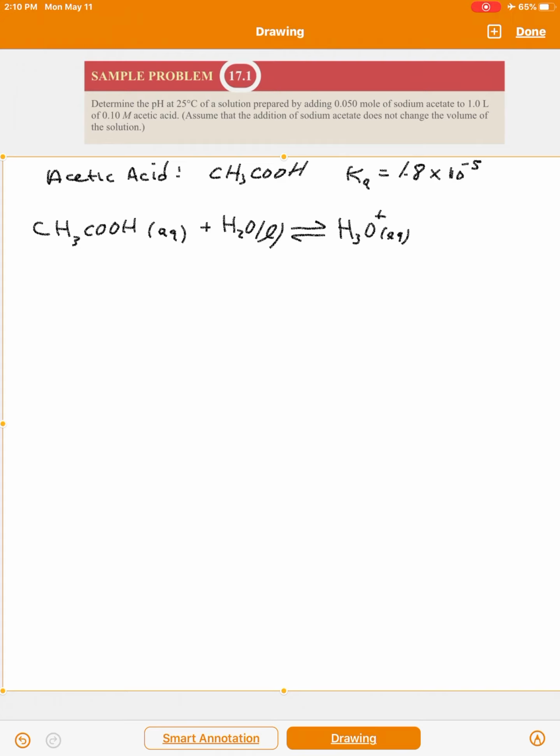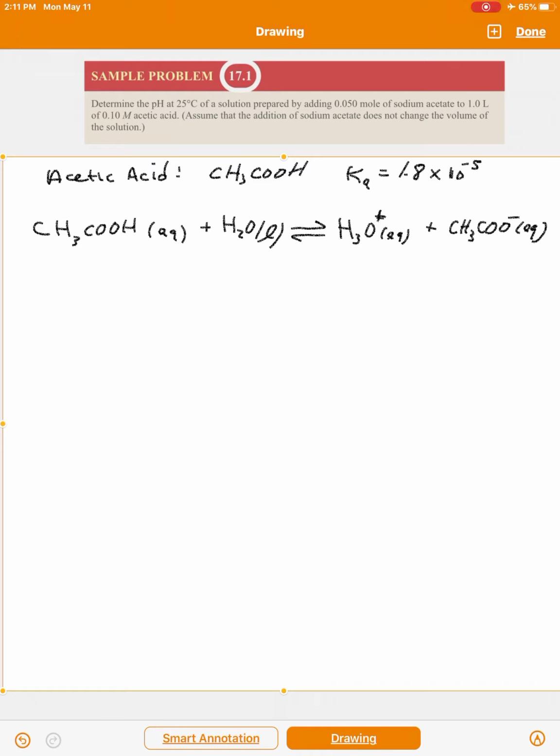Instead of getting 100% ionization, you get 1% ionization, perhaps, or 2 or 3. Okay? So there's the reaction. Remember, we're treating acetic acid as a Bronsted-Lowry acid. It's donating the hydrogen ion, the proton, to the water. So you get hydronium and the acetate.